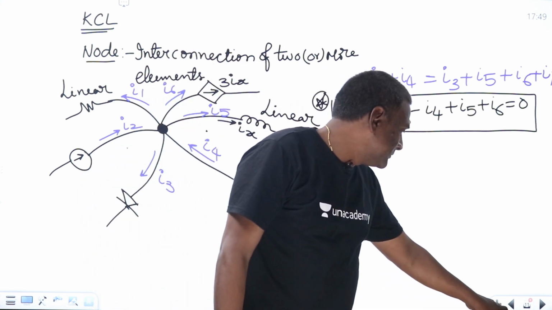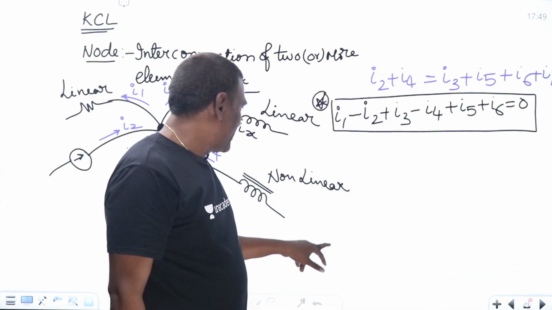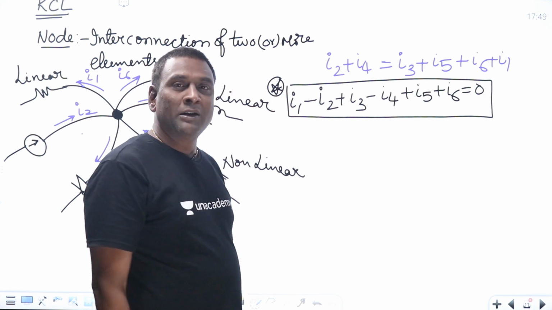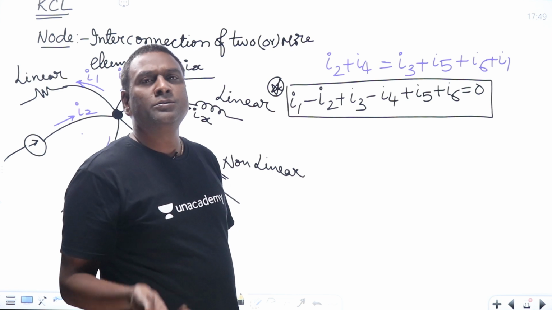And we can say that KCL can be applied equally to all. Let me tell you about that also. For a lumped parameter model, conservation of charge is valid for the lumped parameter model and also for the distributed parameter model.